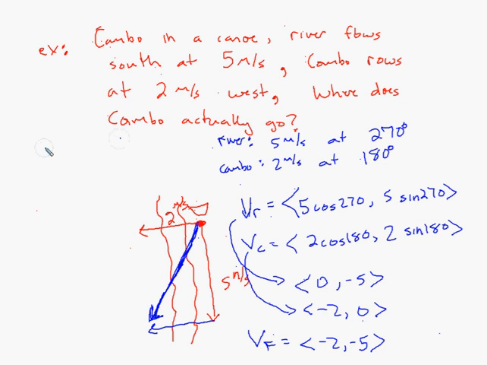I want to know his magnitude, right? And his direction. So let's just, for this case, get the direction first. Now note which quadrant. Which quadrant would that final velocity be in? Quadrant 3. So I'm going to do the inverse tan of -5 over -2.